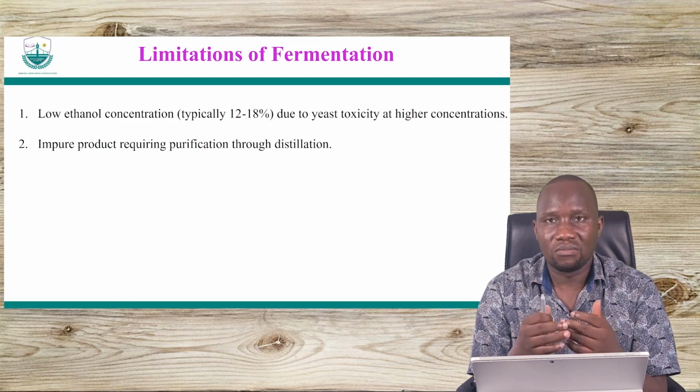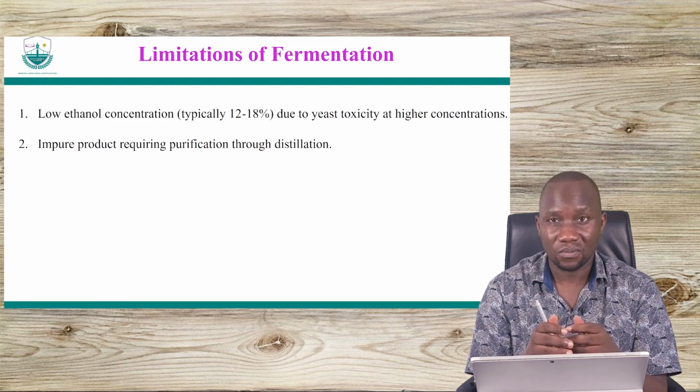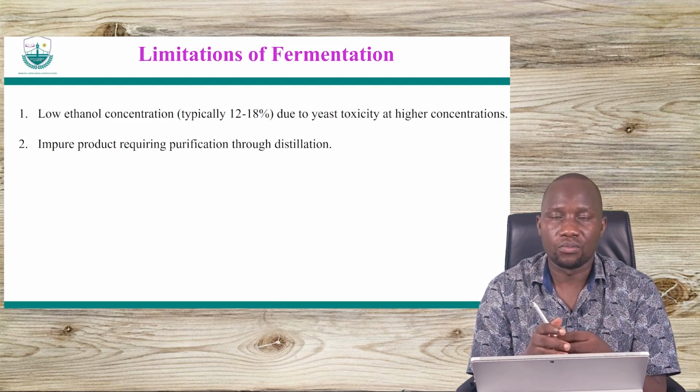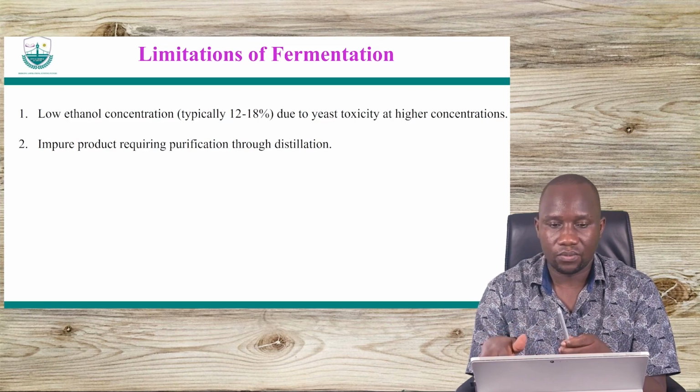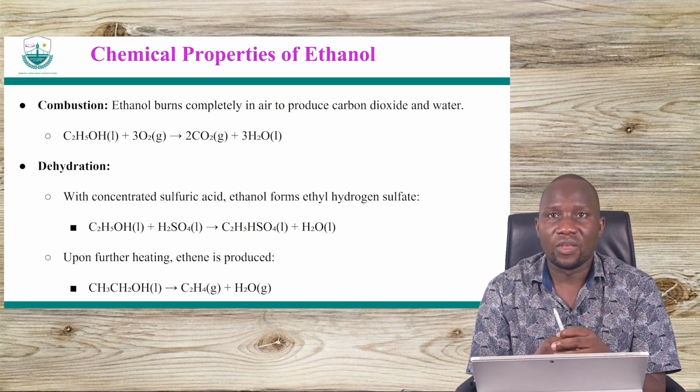And what you get is not pure, so you may need to carry out distillation such that you have pure ethanol and carbon dioxide. So those are the 2 ways in which ethanol can be made.